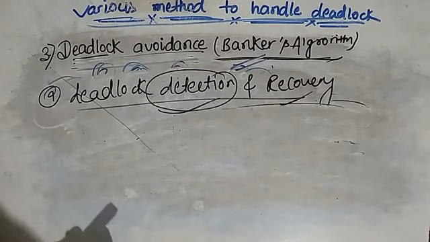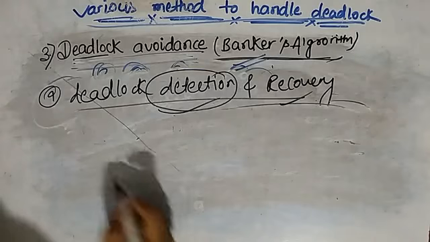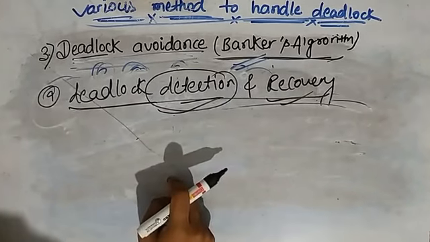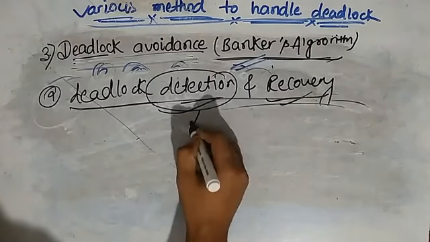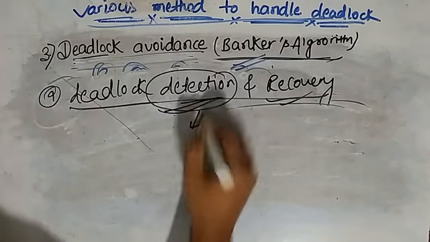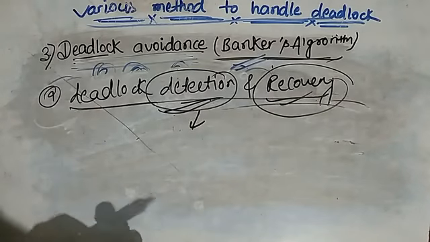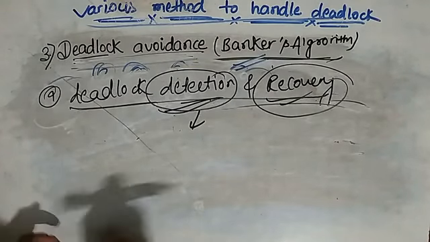Now the fourth method for handling deadlock is deadlock detection and recovery. It becomes quite tougher for the operating system because in the first move it detects and in the second move it recovers. So it becomes quite time-consuming and also reduces efficiency.